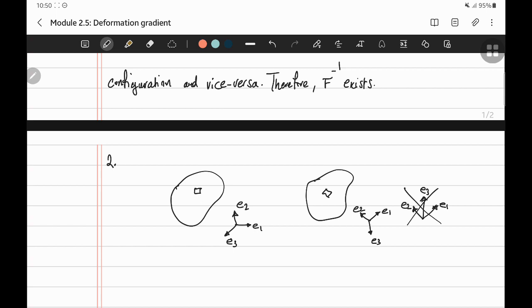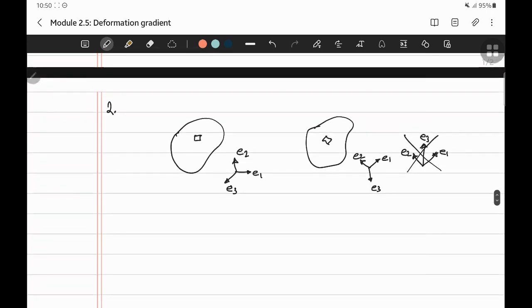And this is something that we don't want. You might have heard of the Jacobian matrix in the finite element course, where we said that we would like to have the determinant of the Jacobian to be positive and very close to 1. So you don't want your element or your particle to be very, very distorted.